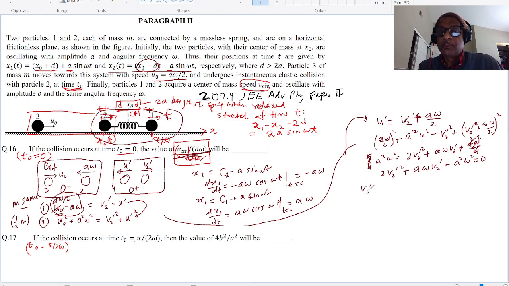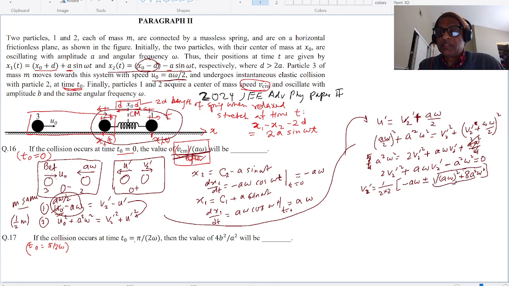So v2 prime equals to 1 over 2 times 2 minus a omega square root of a omega square plus 4 times this times that. So 8 a square omega square.